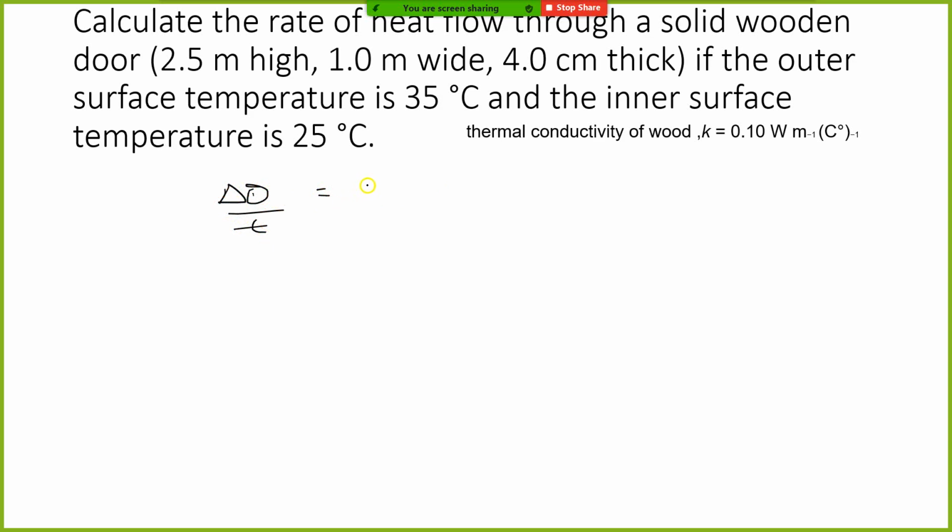Equal to the thermal conductivity of wood. Wood, sir. All right, yeah, what else?